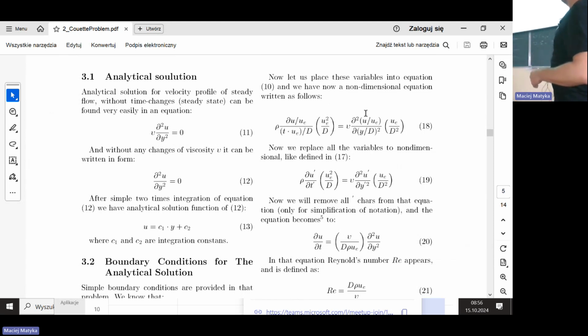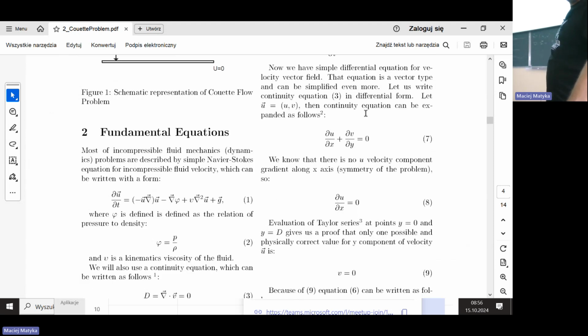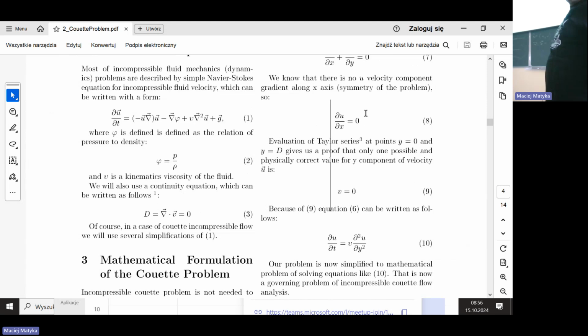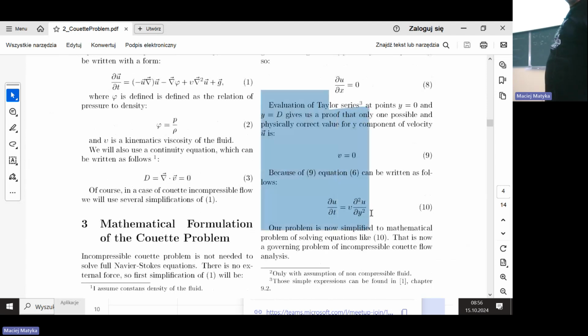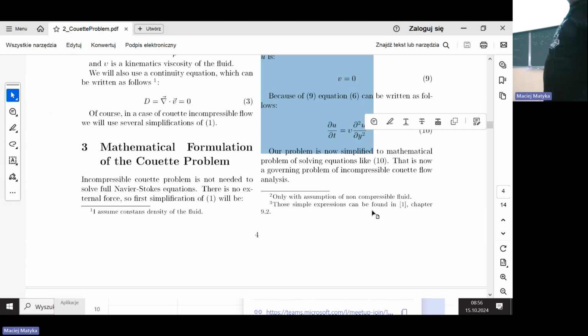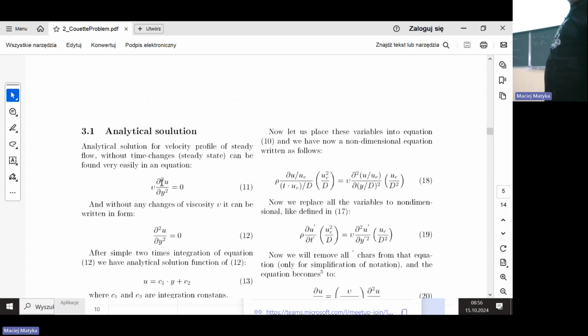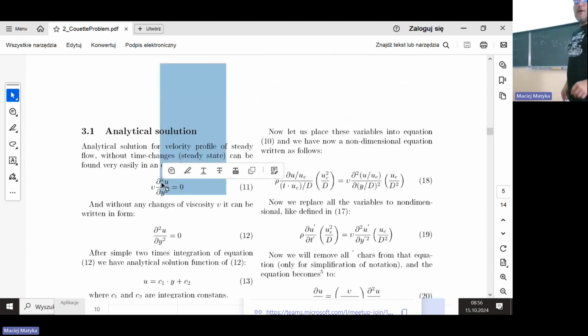Therefore, again, our equation simplifies. So I was actually not lying, but I was not completely right that this is the final Navier-Stokes. The final one will be this, because we even simplify by making the solution simpler. Now we can simplify further, because the viscosity term can be thrown out because it's constant.